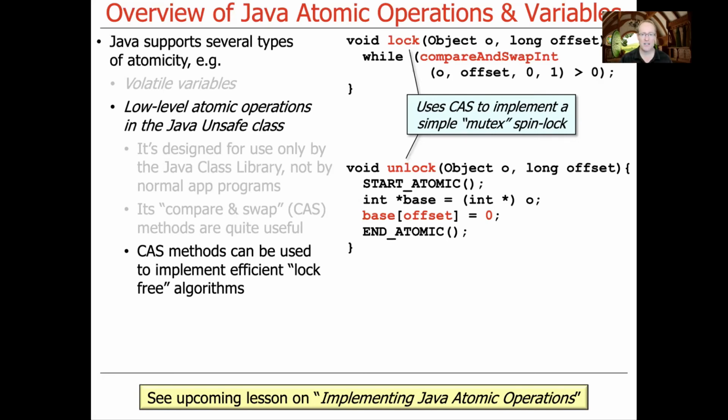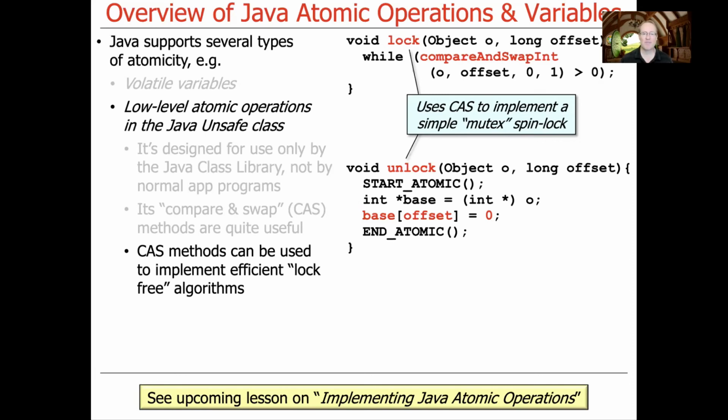In this particular case, if it's got the value 0, and if it does have the value 0, it will automatically set it to the value 1. And that's lock, because we're changing it from 0, which means available, to in use, which means it's not available. It means it's locked. And unlock, as you can see, similarly, will set the location to 0. So basically, that's releasing it, if you will.